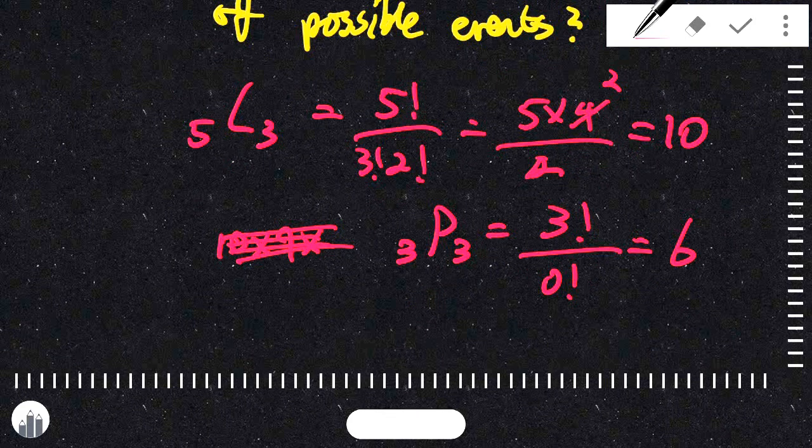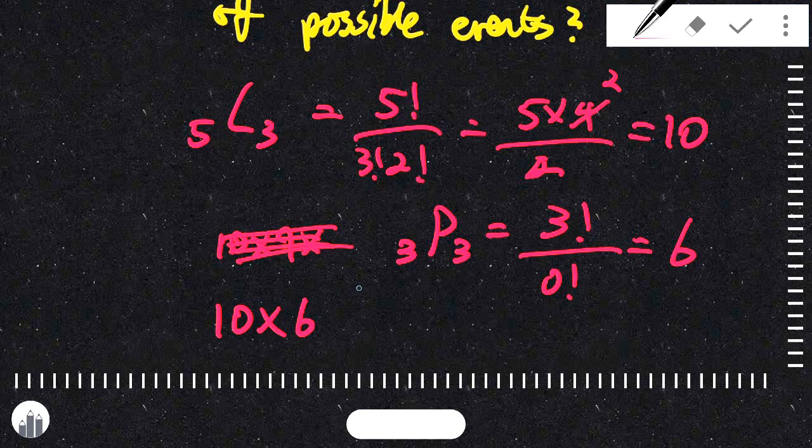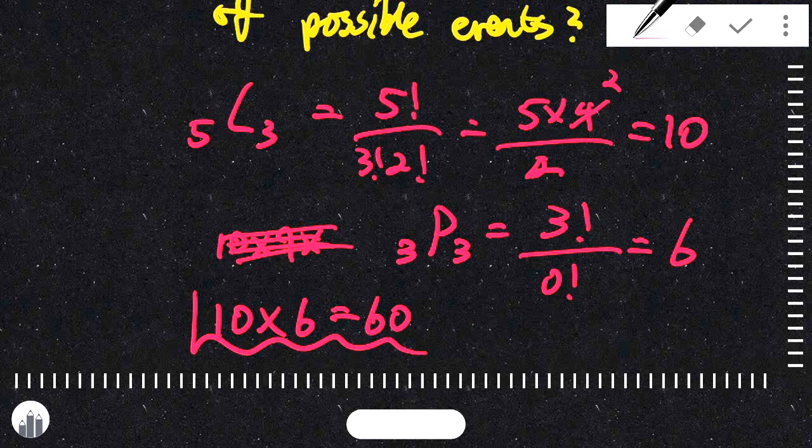So there are 6 different ways to align 3 people. All we have to do is multiply 10 and 6, which equals 60. So there are a total of 60 possible events of choosing 3 people out of 5 and aligning them into a single line.